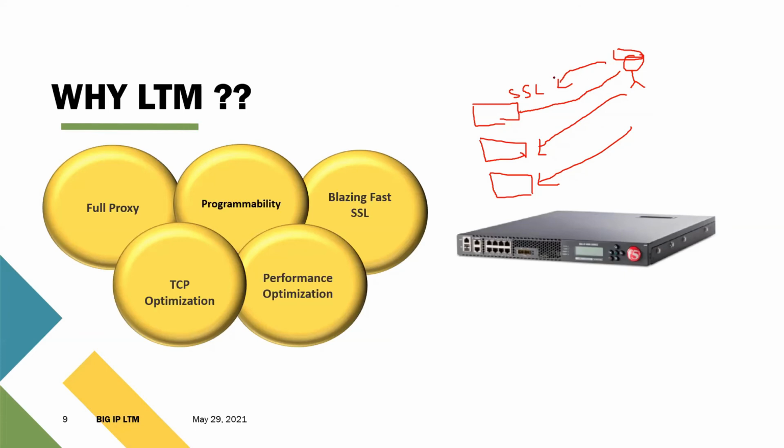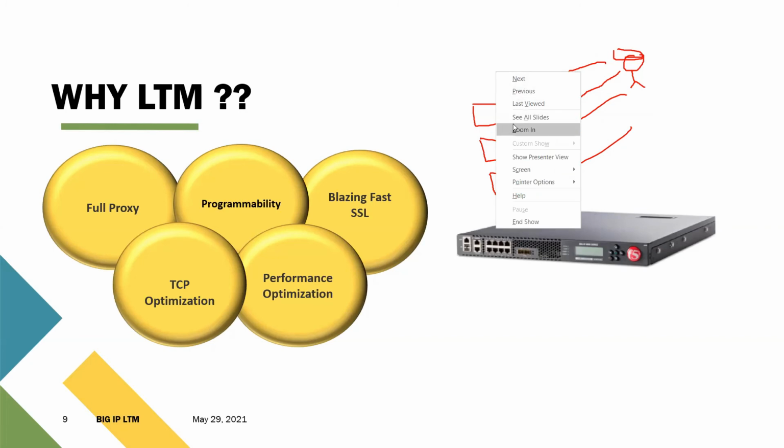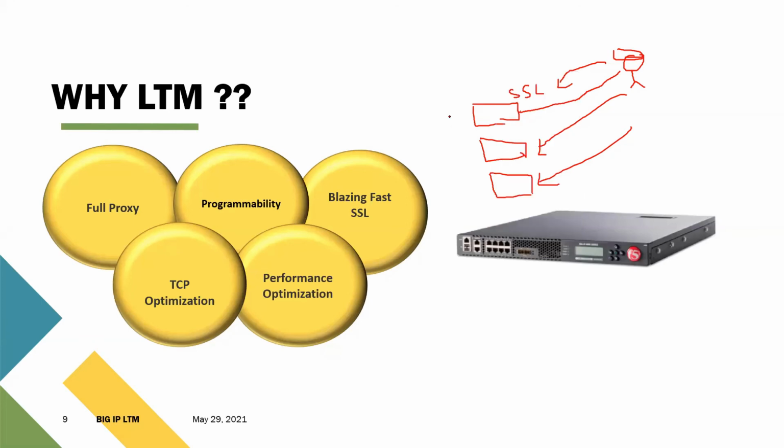So when you have engaged your actual server to negotiate the SSL with the user, certain resources will be consumed on those servers to deliver that task, to do a handshake, to do everything.